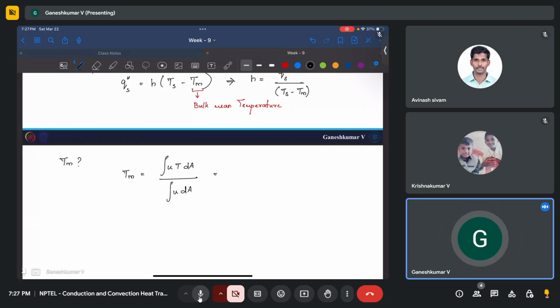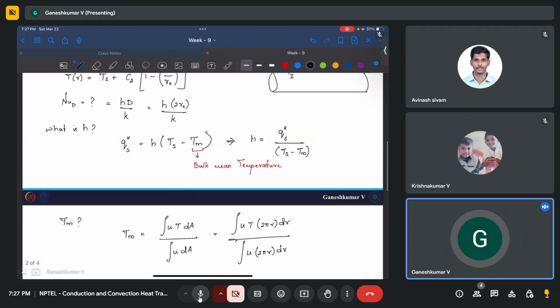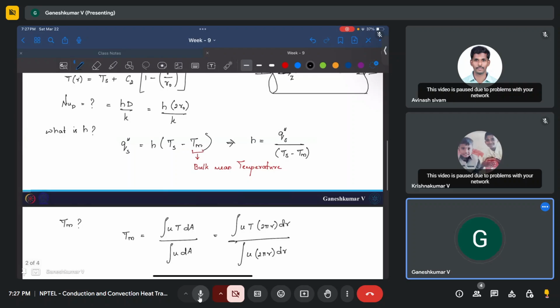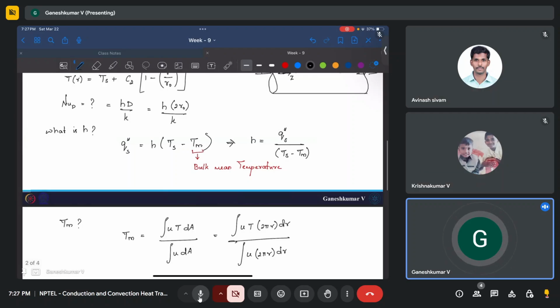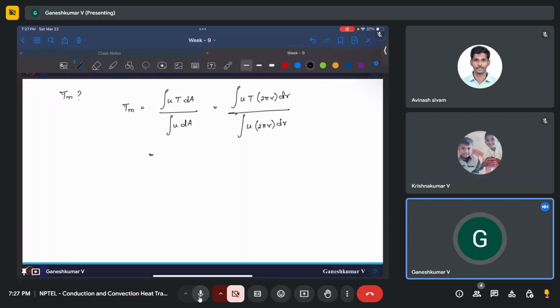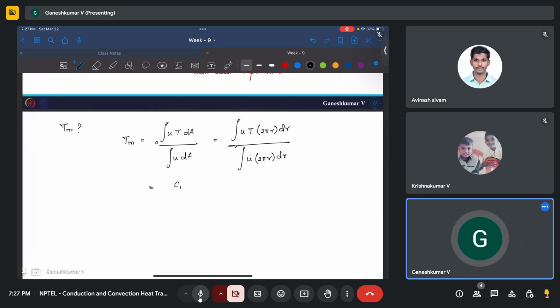So you can write this as the integral of u T 2 pi r dr divided by the integral of u 2 pi r dr. We know that u at this location is simply C1, so we can substitute that too. C1 is a constant, so you can take it out of the integral, and these integrals are going to be 0 to R naught.